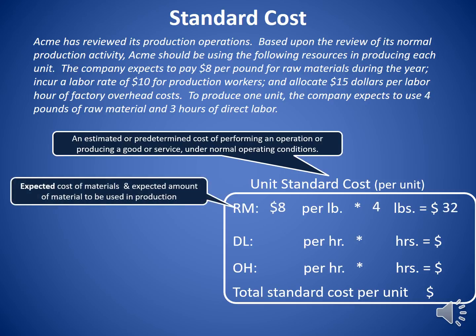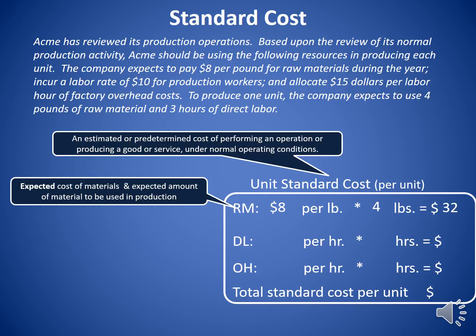Okay, raw materials, we want to determine the expected cost of materials and the expected amount of materials to be used in production. That goes into our standard cost. We expected to pay $8 per pound for those raw materials, so we put in the cost of $8 a pound. That's a standard cost for our raw materials.